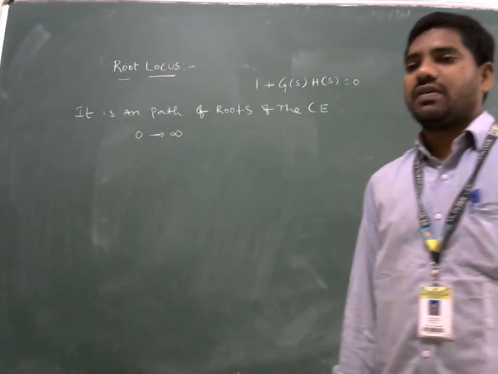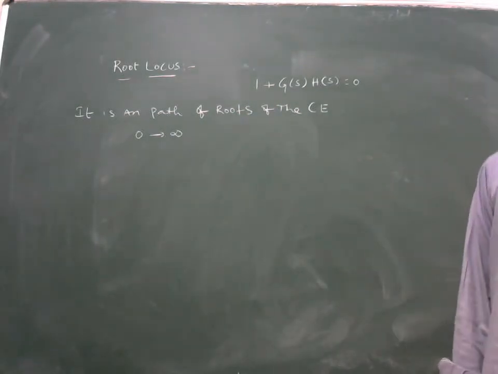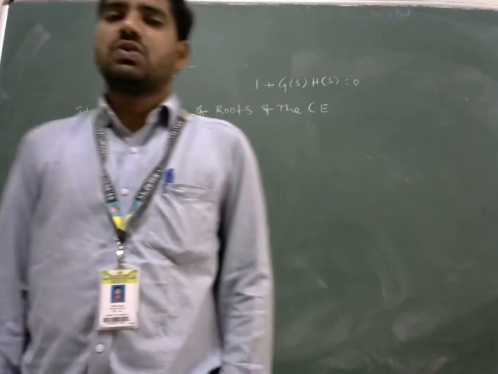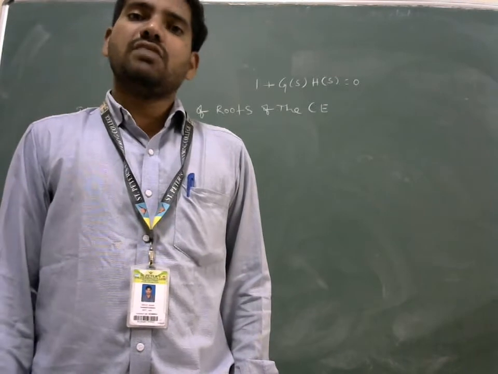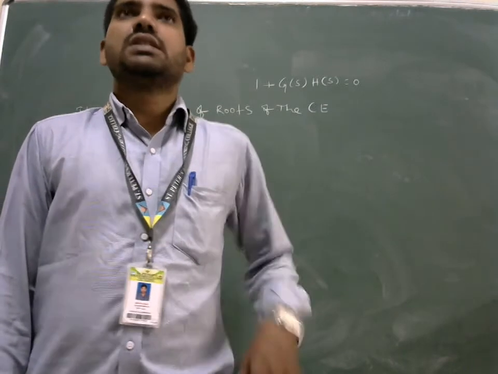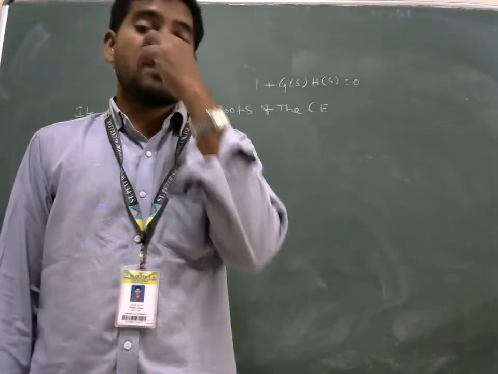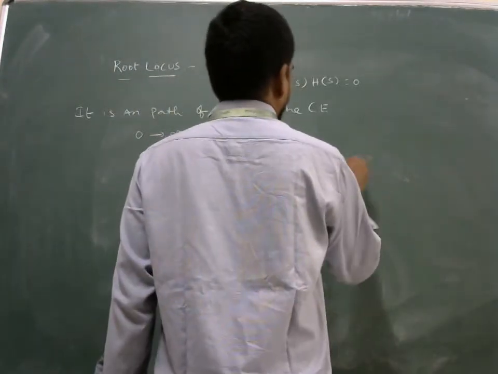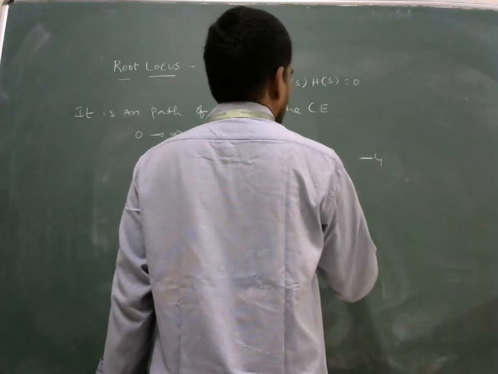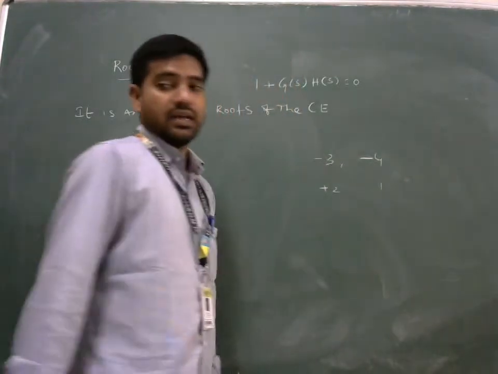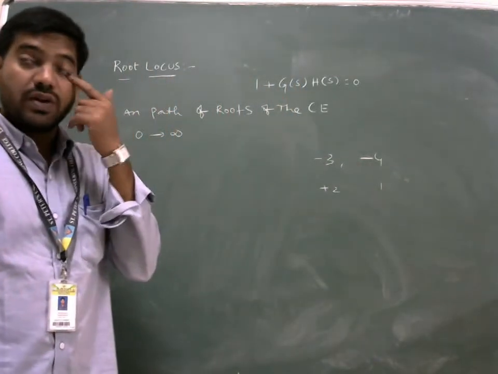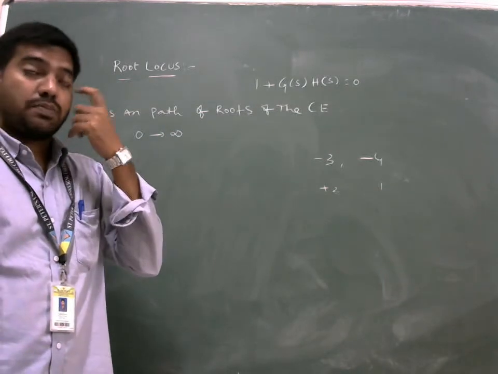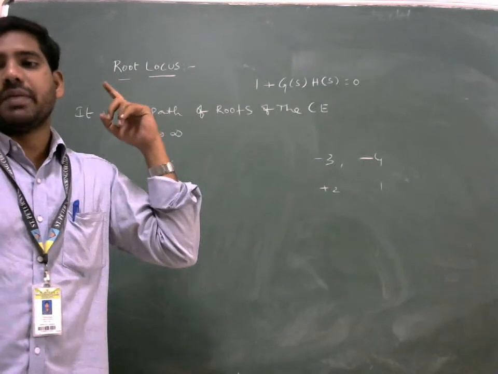This is the root locus. The basic definition of root locus is that it is a path of the roots. For example, you have 10 roots, of which four are minus 2, minus 4, plus 2, and one more. But how they travel, that path we are going to identify by the root locus.